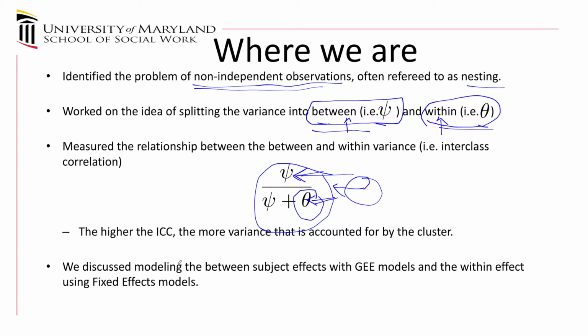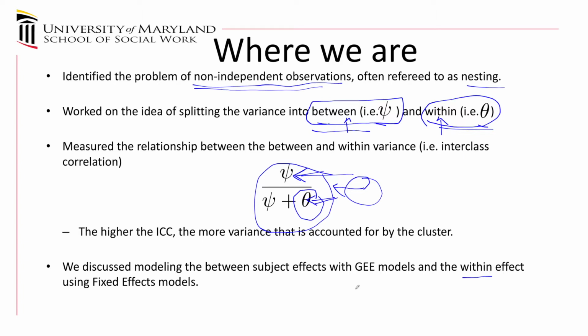We also discussed fixed effects modeling, which allow us to model the within effects, and we spent a couple of weeks on that. Some really exciting implications for fixed effects models for us, although they have some limited applications and some limitations that are not the same limitations as the random intercepts models that we're going to discuss today have.